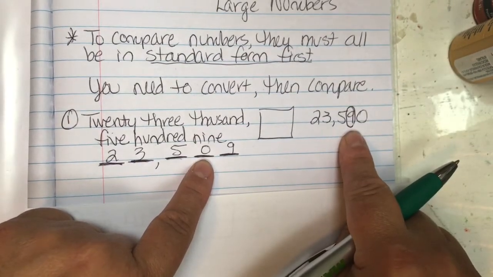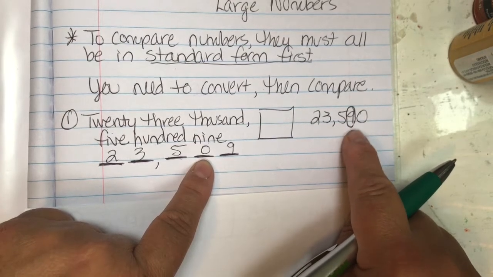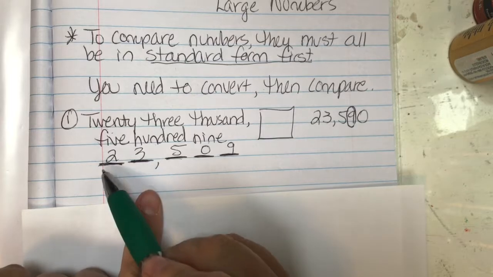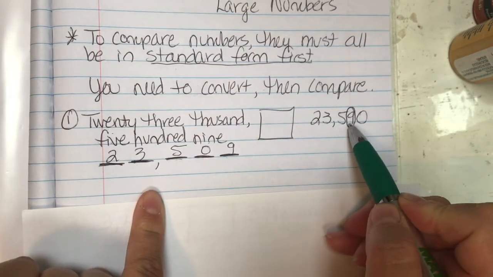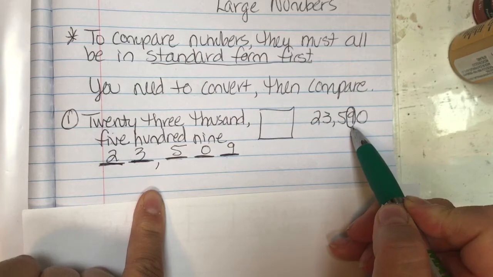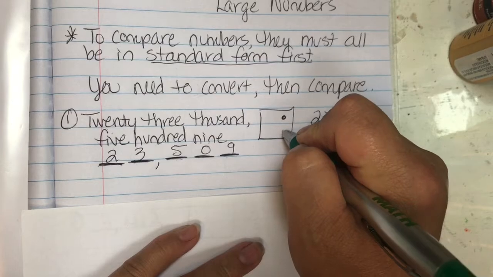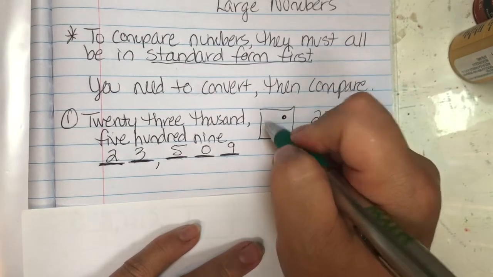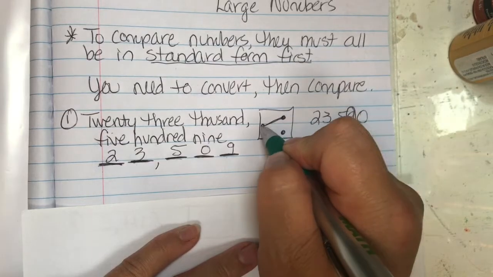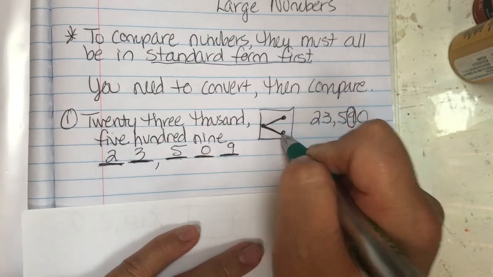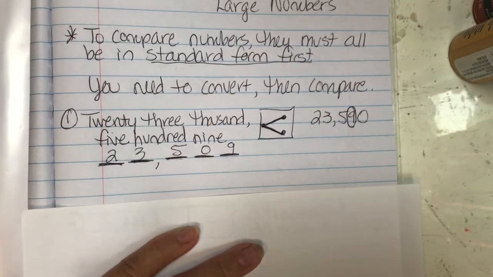I always circle the larger just to let myself know. So now I know that this number is larger than this, because this is 23,509. This is 23,590. So now I know the alligator is going to want to eat this one. You can do the strategy where you make dots, 2 dots next to the largest number, 1 dot next to the smallest, and then you connect them. It's a nice way to make sure your alligator mouth is going the correct way. And that would be how you convert and then compare.